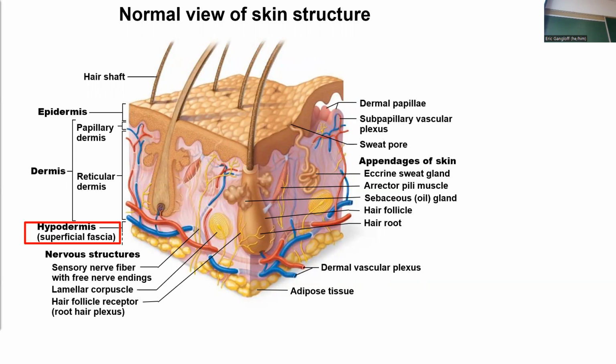It has nerves, it has blood vessels, et cetera, et cetera. And then below this, we have this fatty hypodermis layer. You can see all those structures in here. I'm not going to walk through all of these in detail right now, but it's nice just to see the overview about how all of that comes together.